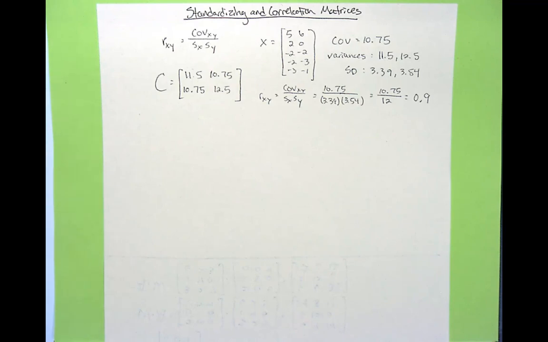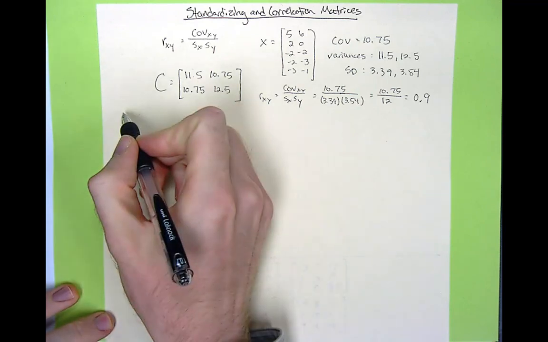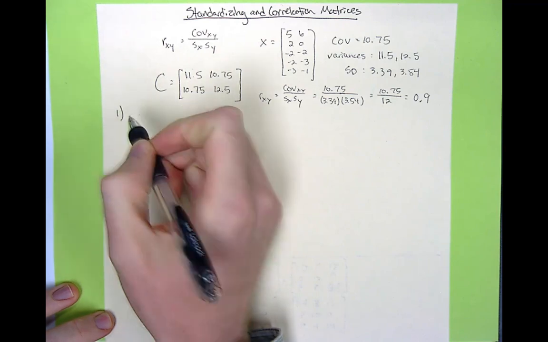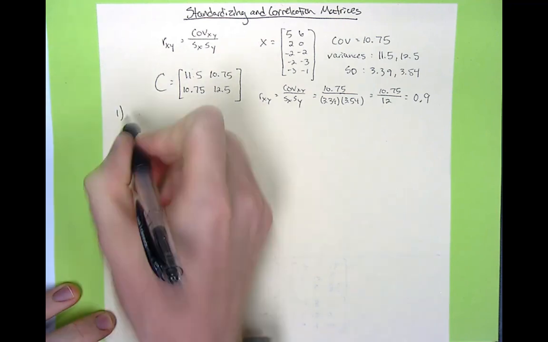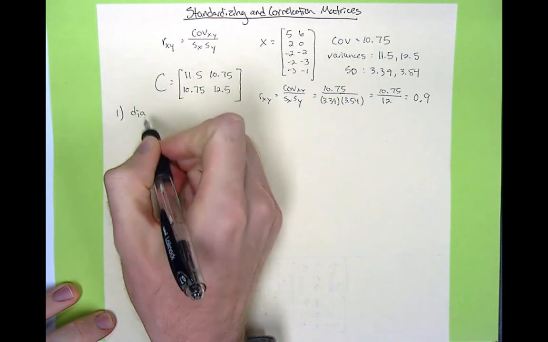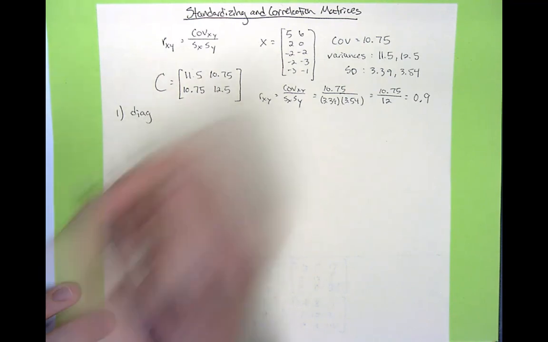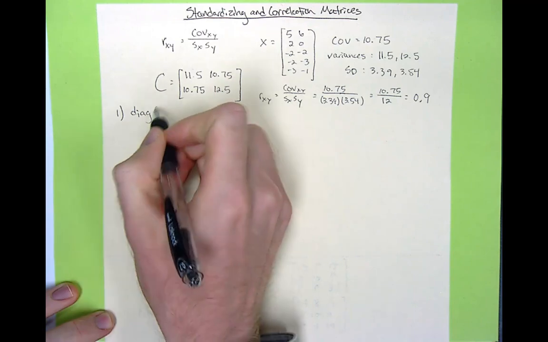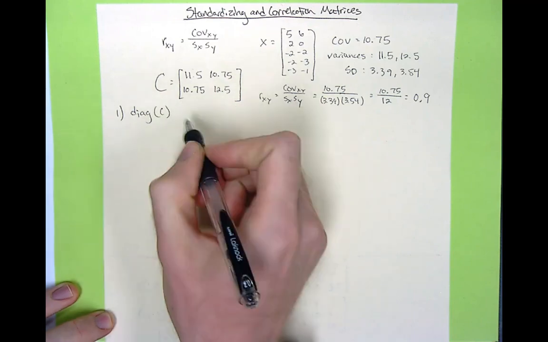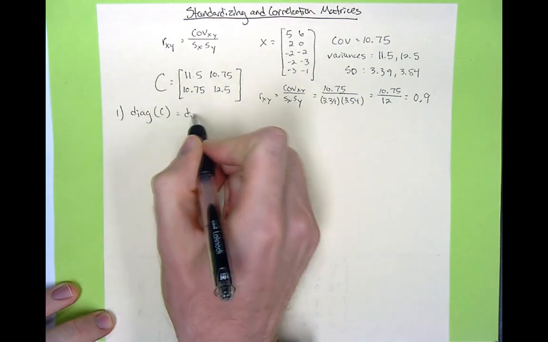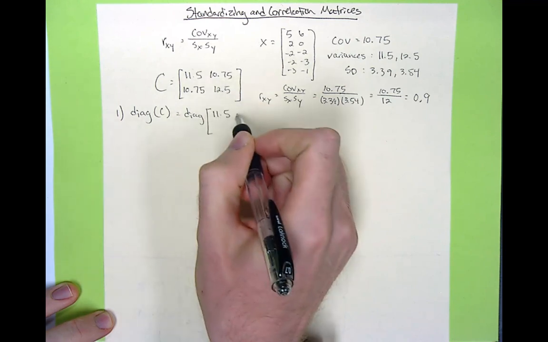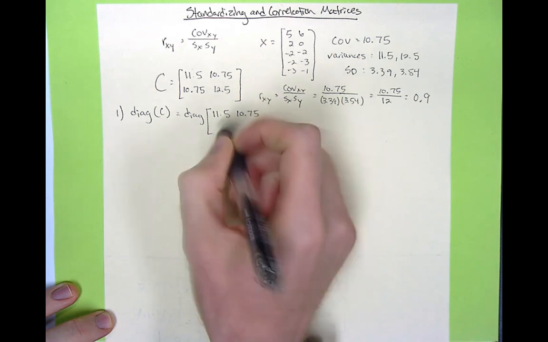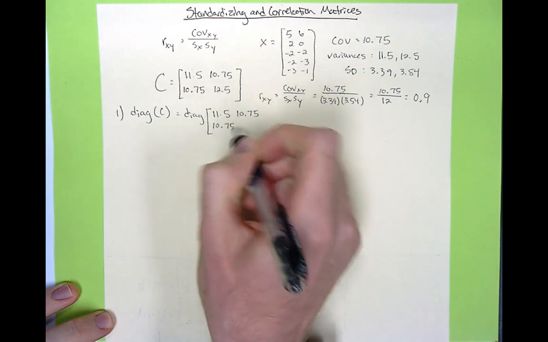The first step is to diagonalize the covariance matrix C. We're going to denote that DIAG for diagonalization of C. Just going to copy down our covariance matrix here again.